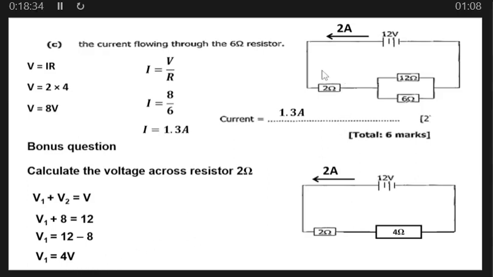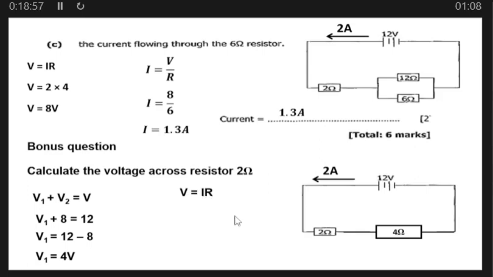So this is the voltage across here, and we can prove it, because the voltage across here was 8, and 8 plus 4 is 12, the total. We can also find it using Ohm's law, which says voltage is equal to current times resistance.